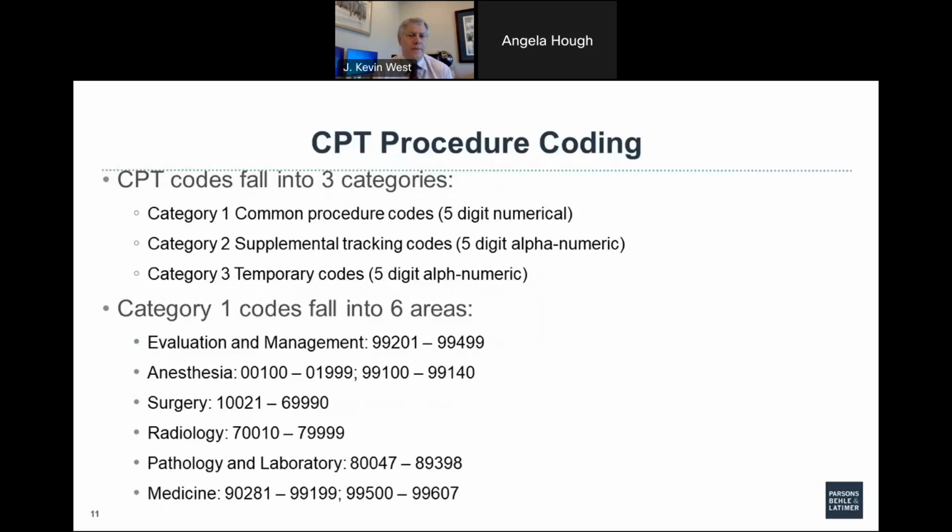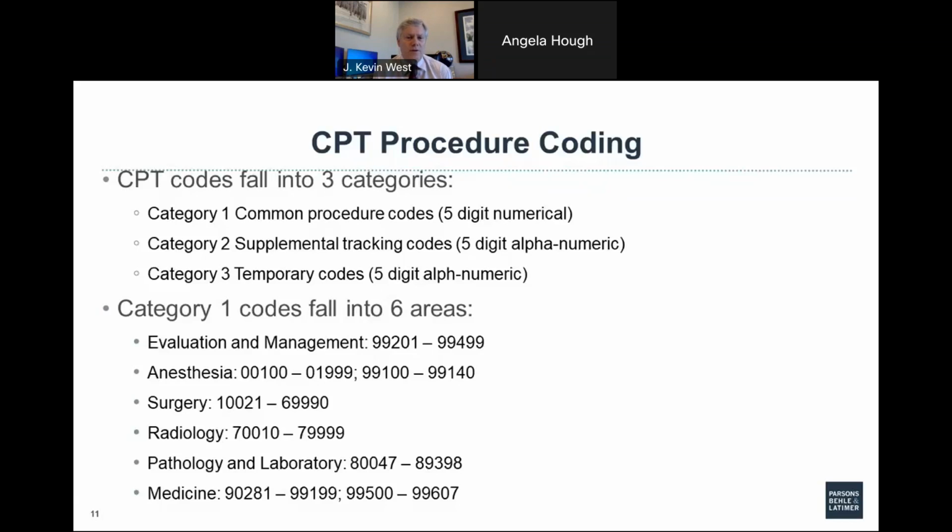Category 2 is a relatively recent phenomenon with what are called supplemental tracking codes, and these are 5-digit alphanumeric codes, and they are codes that help the government or other agencies track certain conditions such as diabetes or whatever, help them track those.